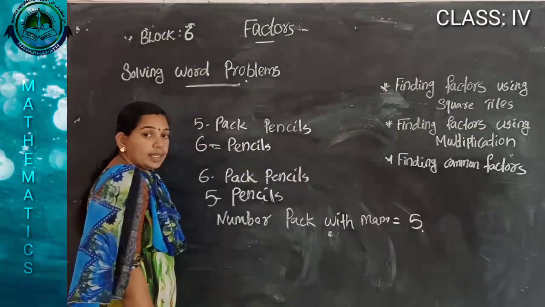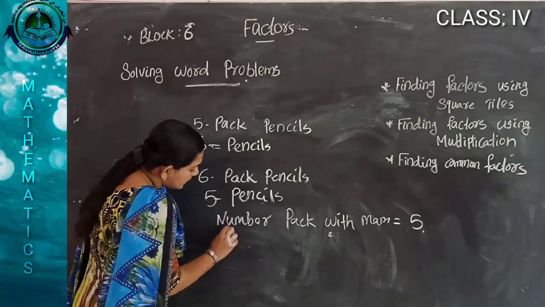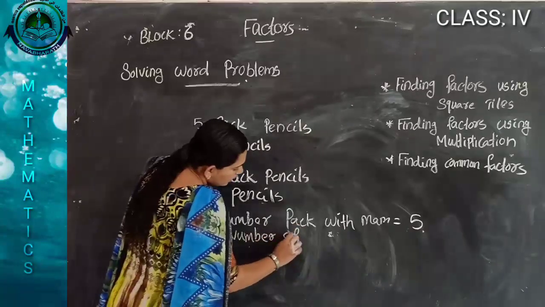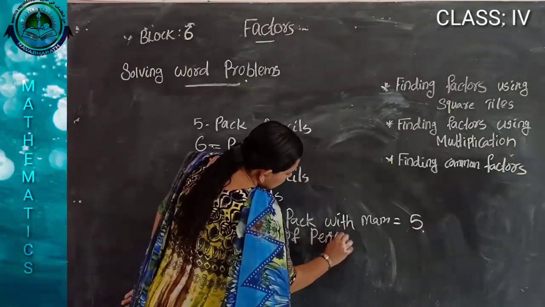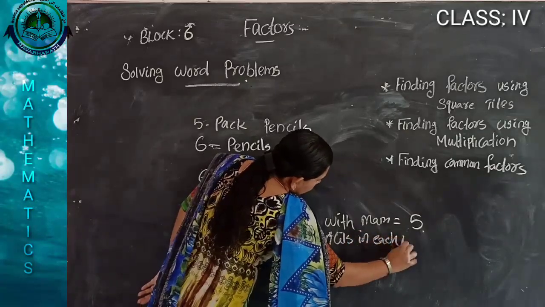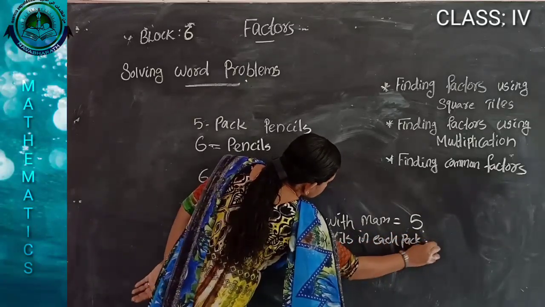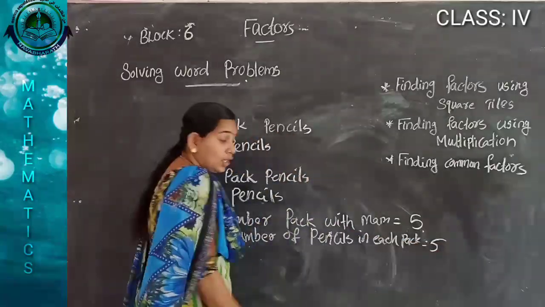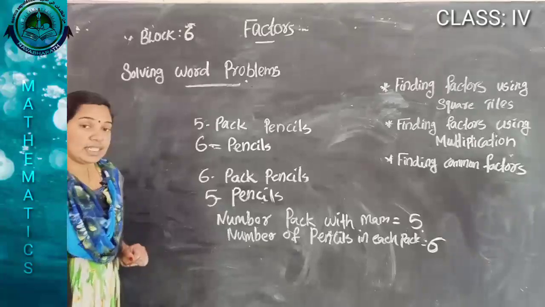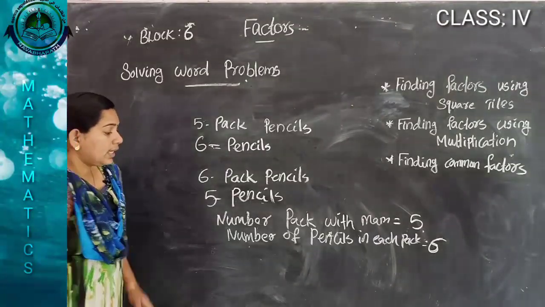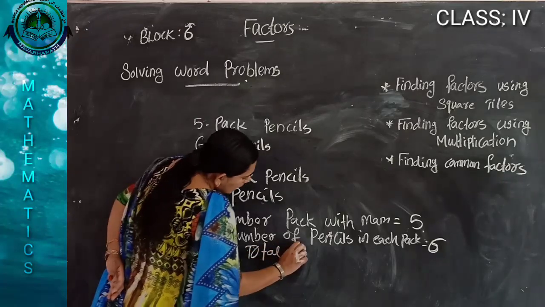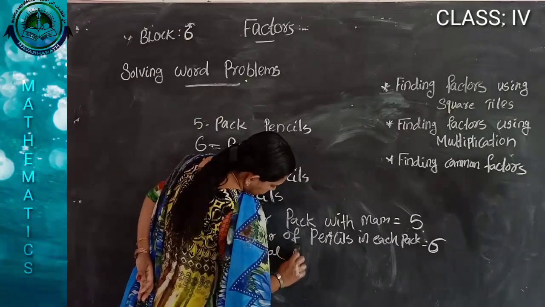Then number of pencils in each pack. In each pack, how many pencils? 6. In each pack contains 6 pencils. Then total number of pencils.